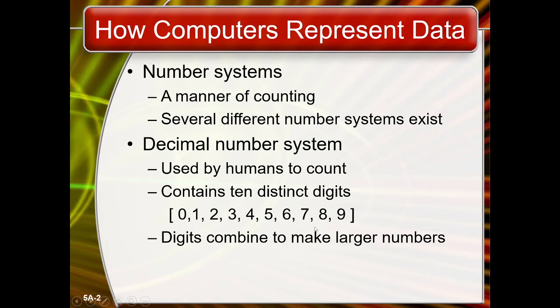Altogether, there are 10 unique digits which collectively make the decimal number system. This number system is used by human beings, and combinations of these digits make larger numbers as we use in our real life.